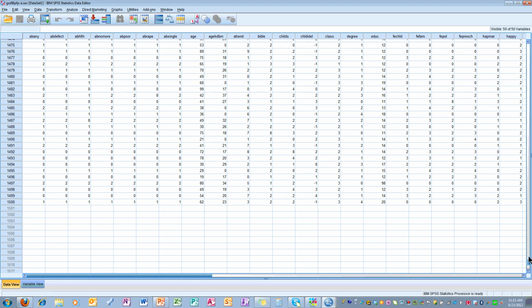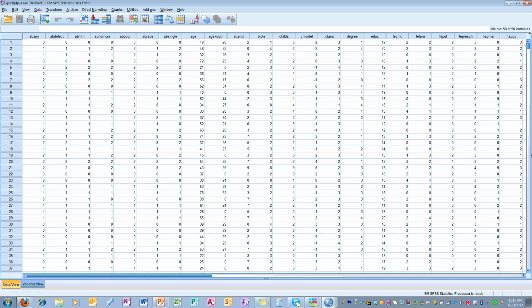And with regard to their responses in the survey, they were asked their opinion on questions, for example, related to this first one, if I scroll, abortion, other questions, their age, the age when their first child was born, how often the respondent attends church, their feelings about the Bible, their idea about the ideal number of children, degree is their highest educational level.